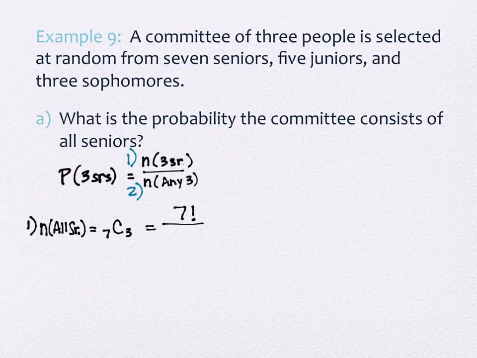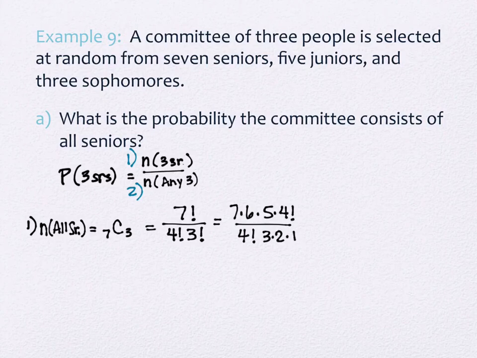So I have 7 factorial on top. What goes on the bottom of 7C3? Yep, 7 minus 3, which is 4, and 3. So the 3 shows up down there, and 7 minus 3, which is 4, shows up. So this is 7, 6, 5, and 4 factorial over 4 factorial, and then 3, 2, and 1.